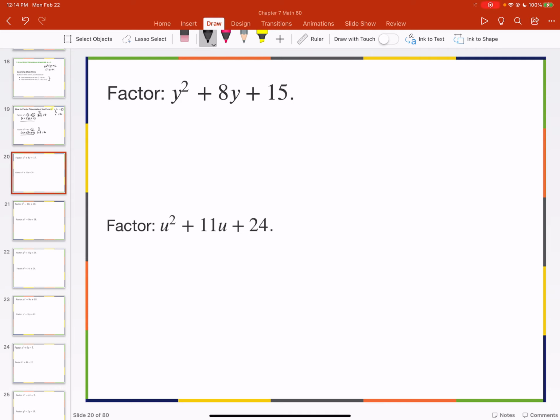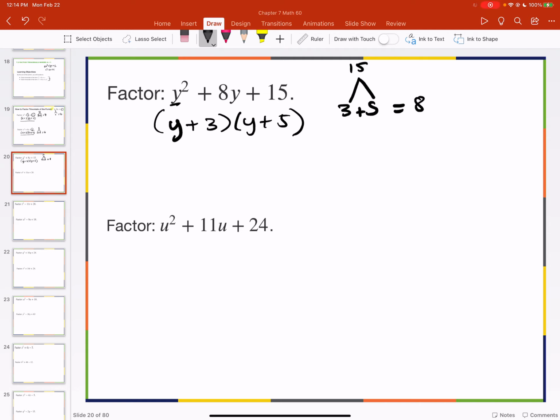So here we have y squared plus 8y plus 15. What are the factors of 15 that are positive and add up to 8? Positive 3 and positive 5. So then you have y plus 3, y plus 5.